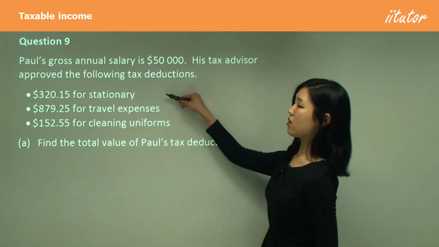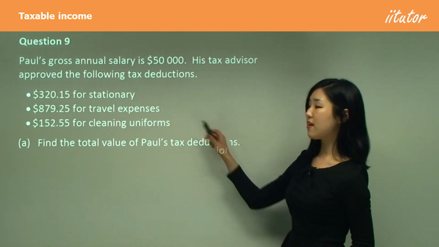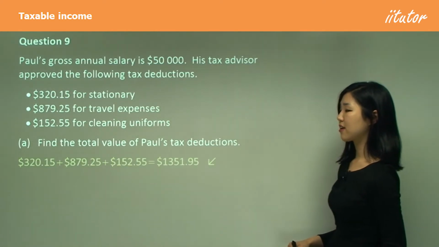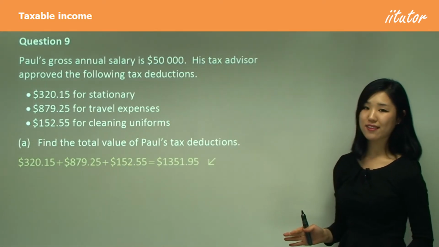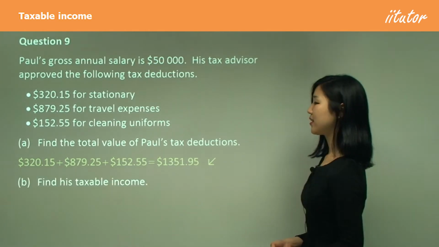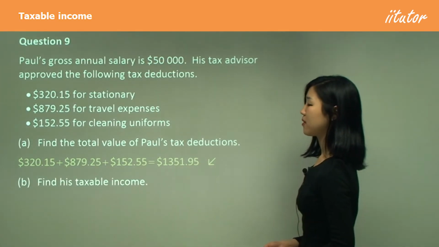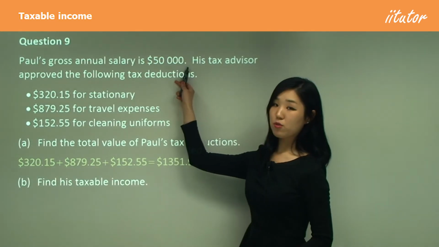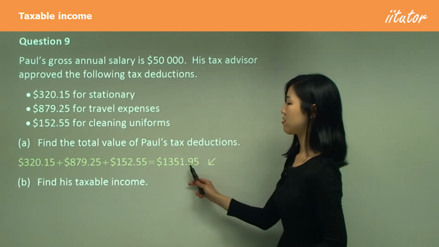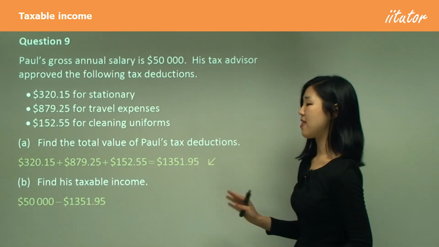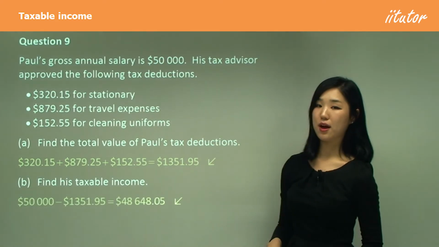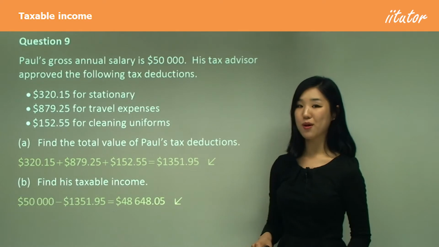So as I said, all of these are part of his tax deductions. Add them all up, calculate it. That is the total tax deductions that Paul needs to make. Now B, find his taxable income. That's the annual salary, which is the gross payment. Subtract away your tax deductions, and then that will be your taxable income. So please just double check that you've got that as well.